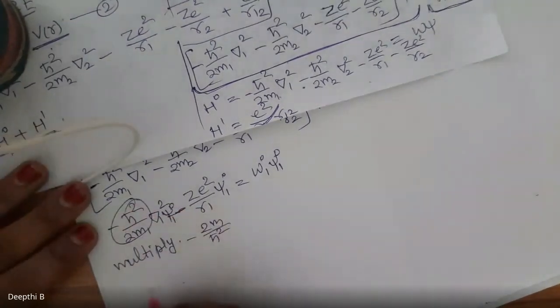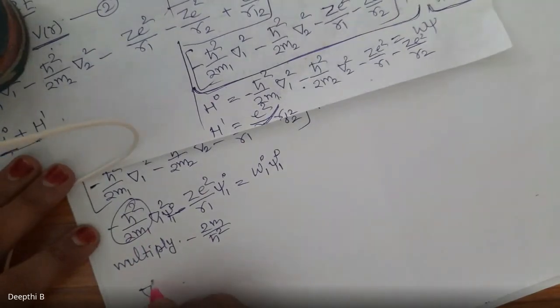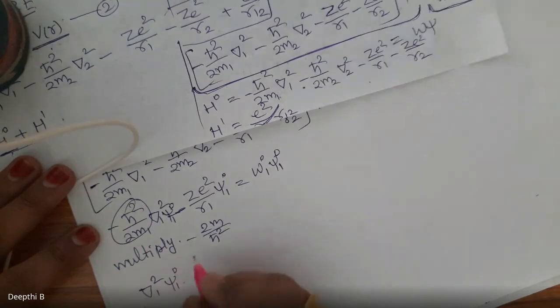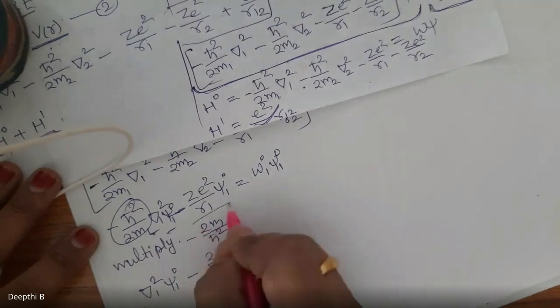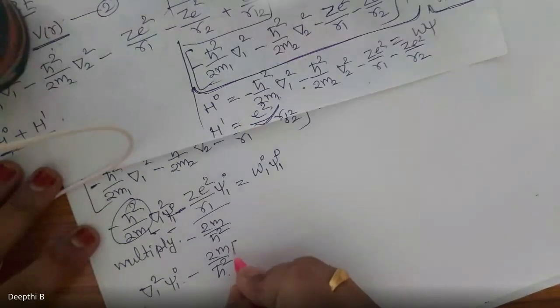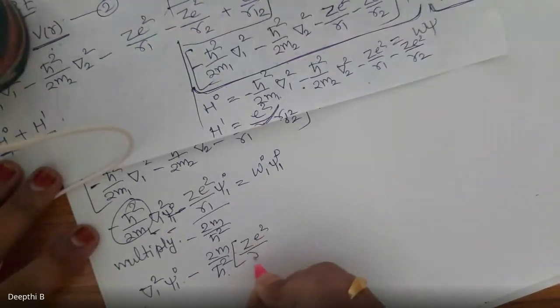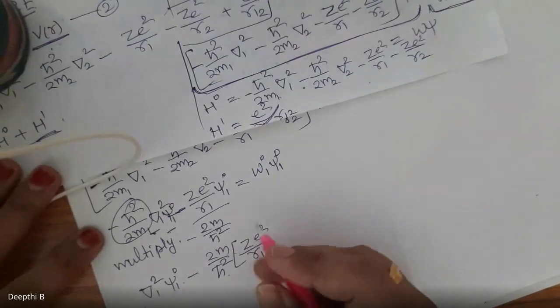So when we multiply by this reverse, it will cancel and we get del 1 square psi 1 naught minus 2m by h cross square into Z square by r1, because this term is there.